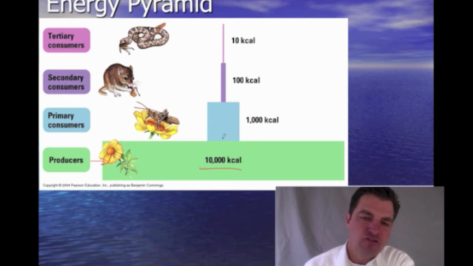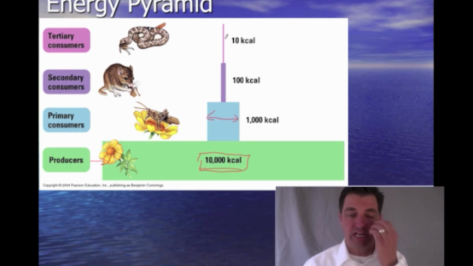If you look at the plants, there's a whole bunch of them in an ecosystem, or it could be a marine system too. It's a little bit different, but a whole bunch of producers. And then as you go to the primary consumer level, there's a big drop very quickly in the number. So you went from this big wide base to a very narrow base. And then if you go to secondary consumers, it gets even more narrow.